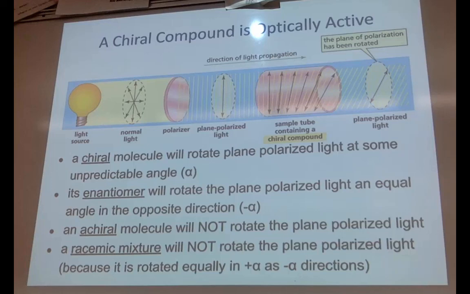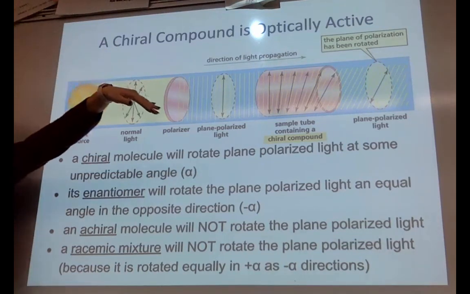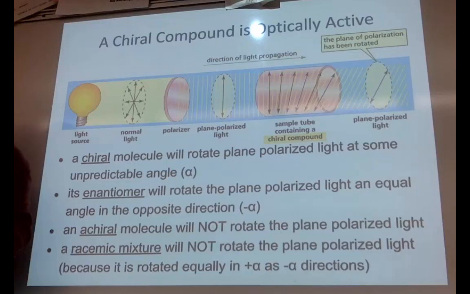The chiral compound will rotate it a certain way, and its enantiomer just rotates it the opposite. Achiral will not rotate it. A racemic mixture also will not rotate because you have positive alpha and negative alpha. They just undo each other. So really we just see that rotation with the chiral molecule and with its enantiomer.